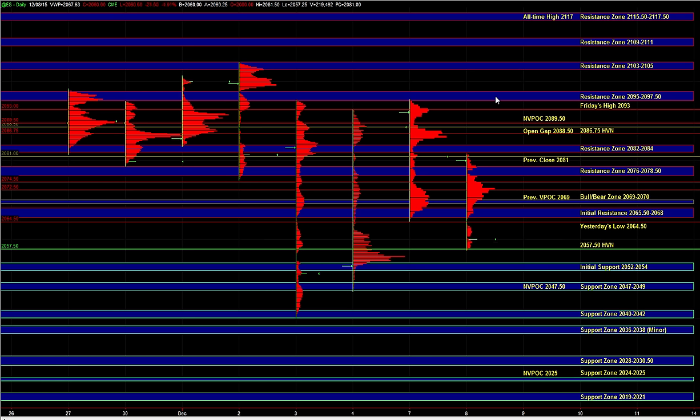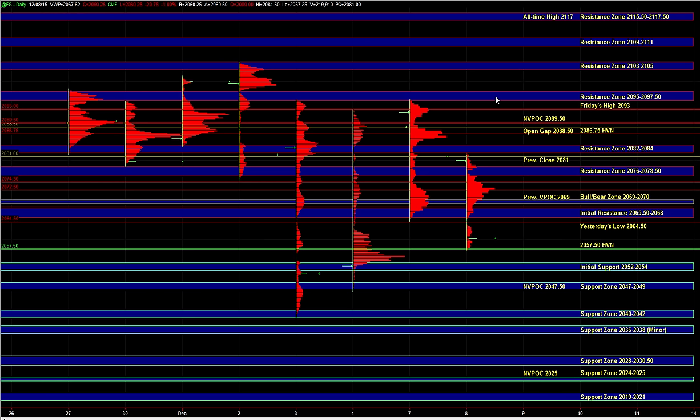So if it's liquidating and going down on heavy momentum, then it's really only going to be worthwhile to attempt a long trade if the market is exhausted into a major zone like the 40 to 42 or the 28 to 30 half. Now 28 to 30 half seems really far away at the moment, but that's really a strong area of support. So in the event that ES actually heads down there, that would be a pretty good buy on first test, because the market would be very exhausted by the time we actually got down there. And at the same time, again, it is a fairly strong area of support.